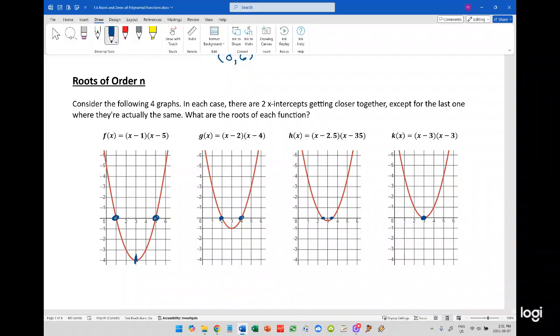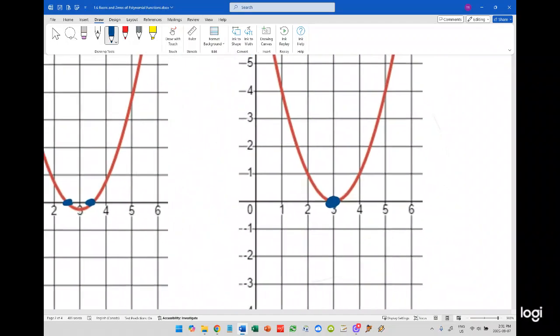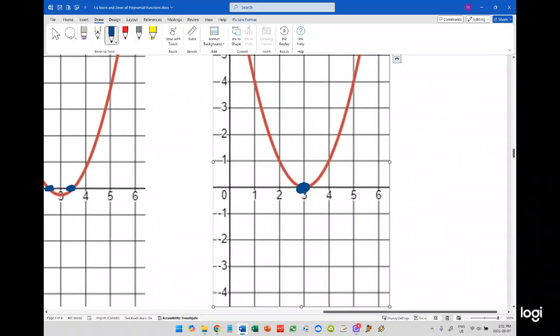How do we recognize these in a picture? It's actually easier than you think. I look at where the x-axis intercept is right here. I'm going to just blow up that one. And I notice that my parabola doesn't go through the x-axis. It just touches it and then goes back to where it was coming from.